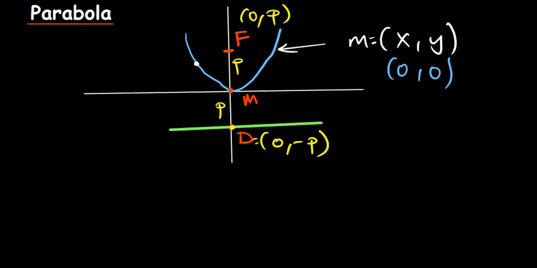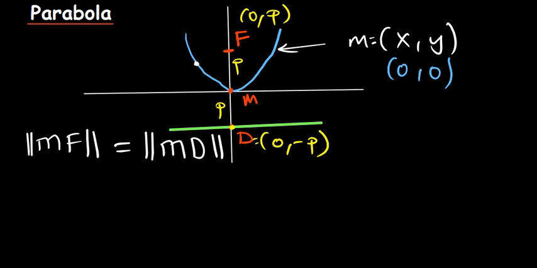Now by definition, the distance from that point on the parabola M to the focus, so I call it MF, is supposed to be equivalent to the distance from the same point M to the directrix at point D.